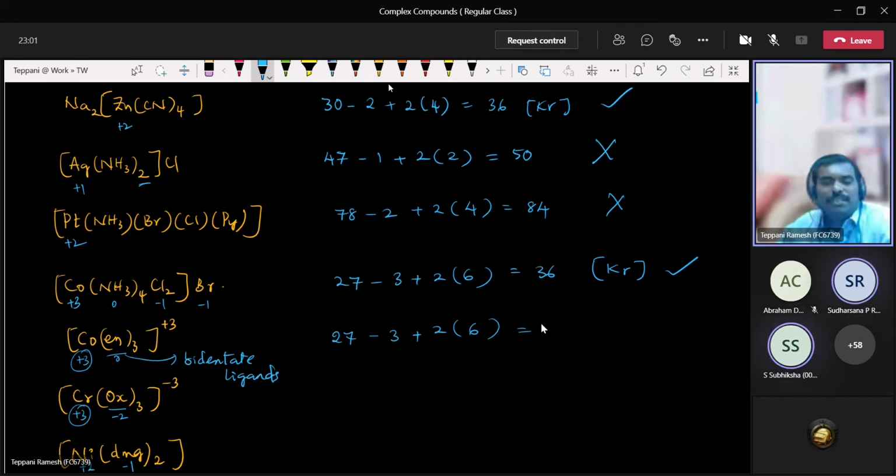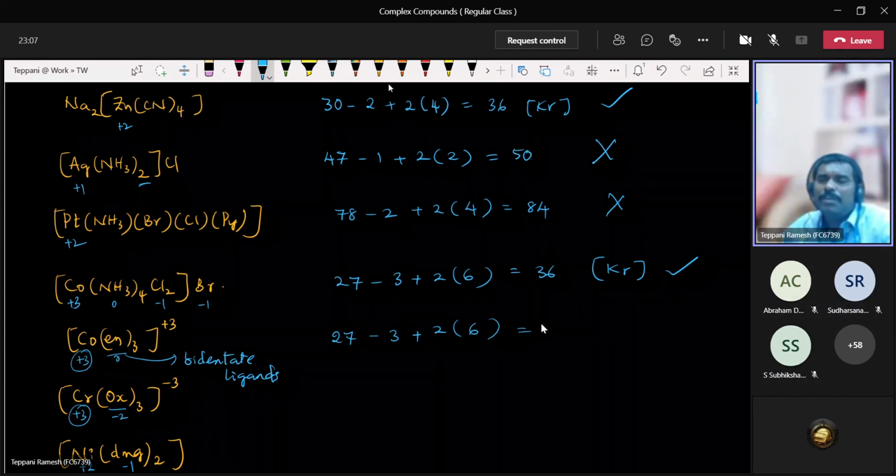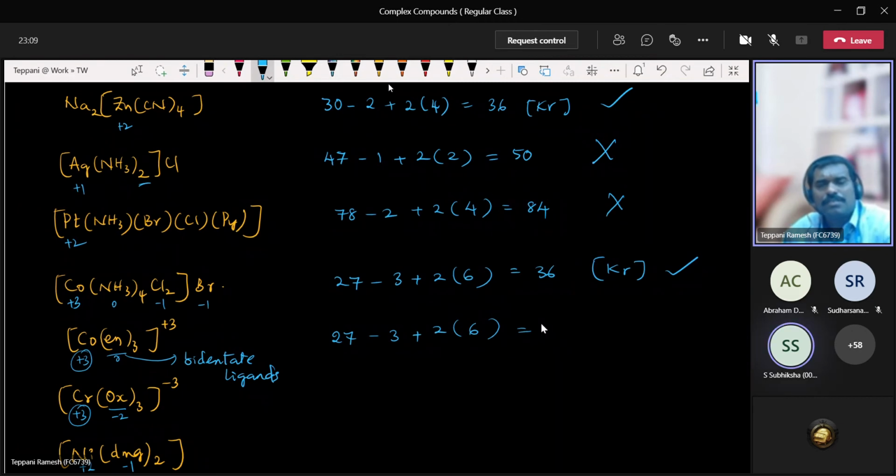Bidentate. Ethylene diamine will form how many dative bonds? 2, sir. Then 3 ethylene diamine will form how many dative bonds? 6, sir. 6 dative bonds means how many electrons it will gain? 12, sir. Now the answer. 36, sir. Krypton. 36, krypton, followed. Okay.